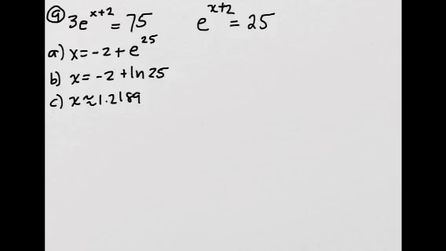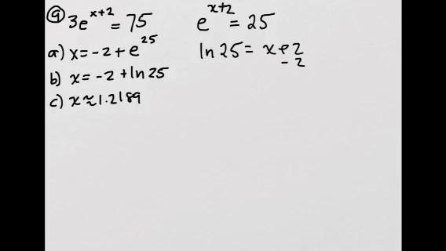Okay, now in class I solved the problems using both methods, but for now I'm just going to use the second method, where if the equation is an exponential, I change it to log. So being that the base is e, this becomes natural log of 25 equals the exponent.